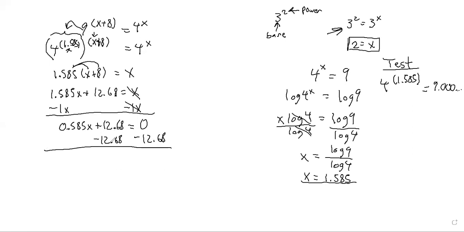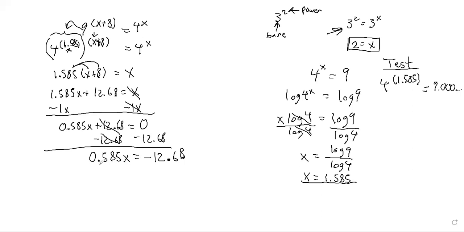Plus 12.68 minus 12.68 gives us 0.585x equals minus 12.68.